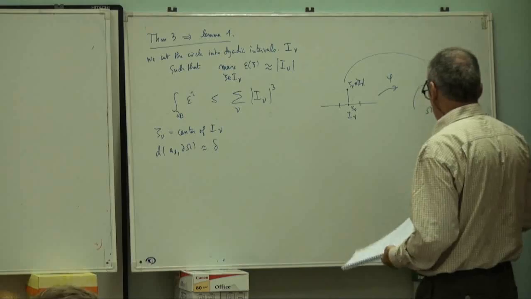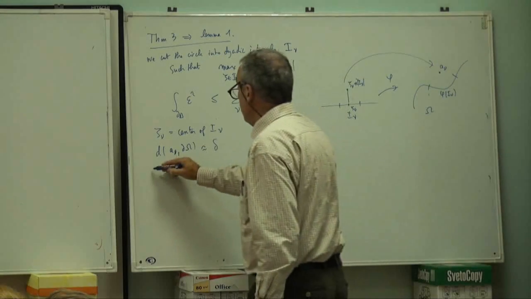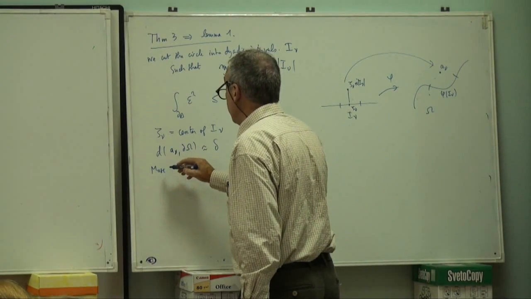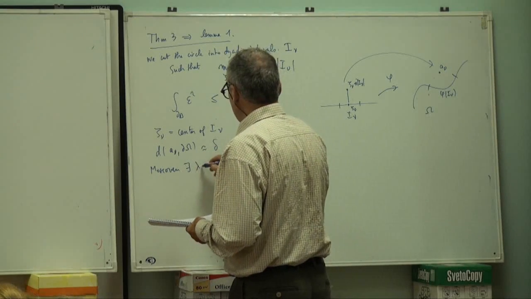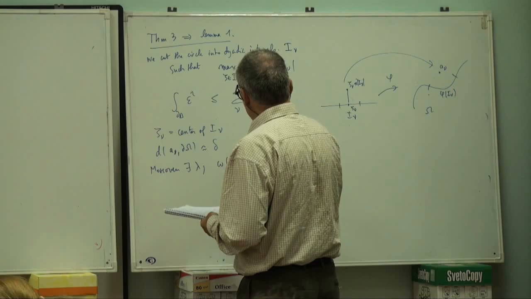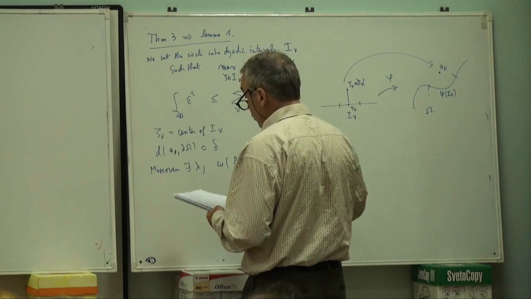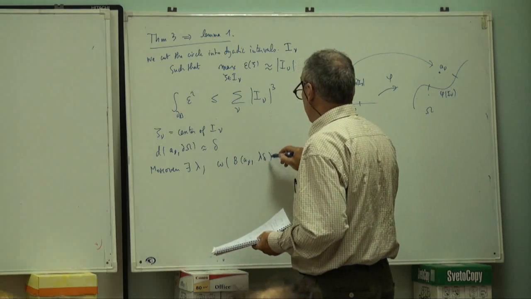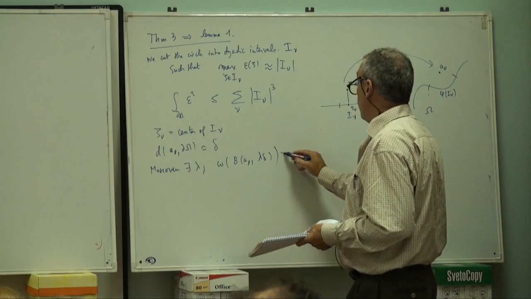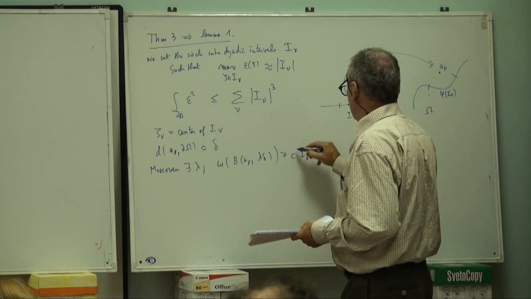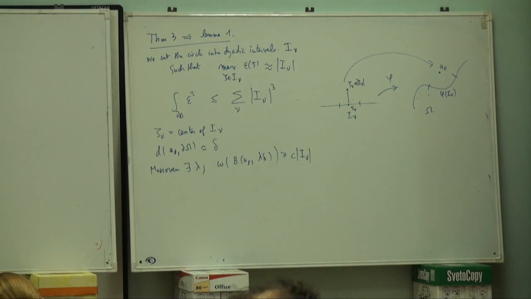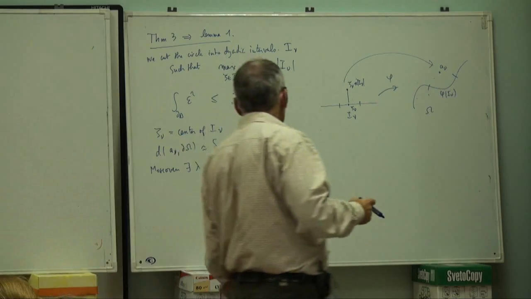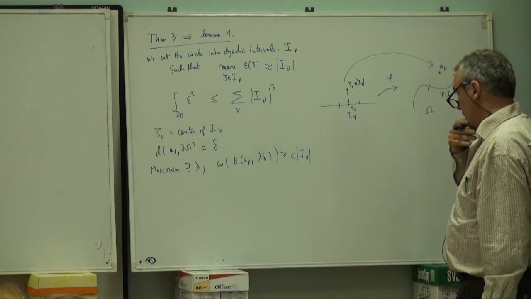Moreover, so this involves a little bit of technicality, there exists a constant lambda such that the harmonic measure of the ball of center A nu and radius lambda delta is greater than c times I nu. Well, I will skip the proof of that, but it follows from classical things in complex analysis.